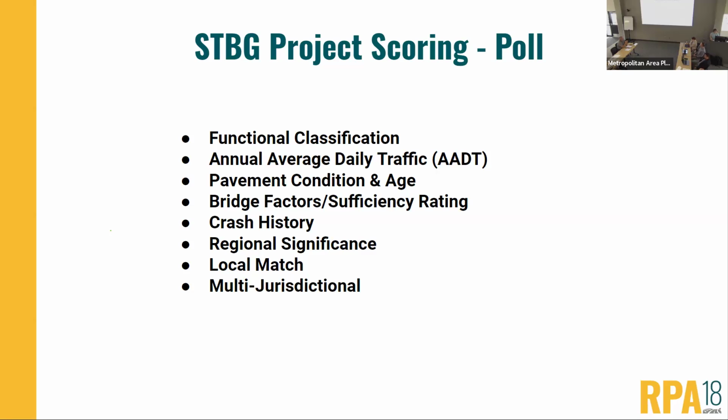In terms of what you just voted on for the TMA boundary, the next step is Iowa DOT is going to release the latest functional classification system based on everyone else's boundaries. So we'll hopefully be bringing that to you all once we have that data and information.